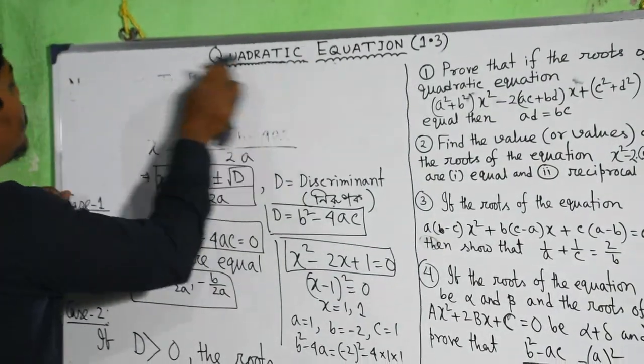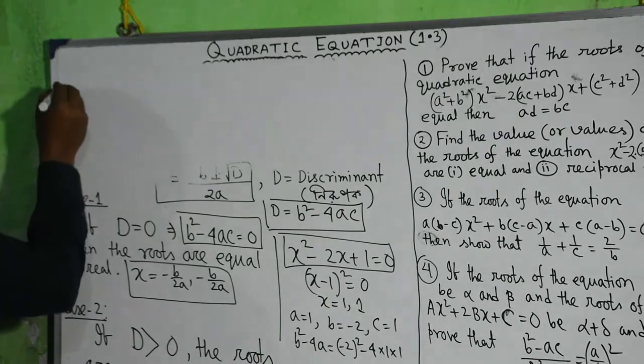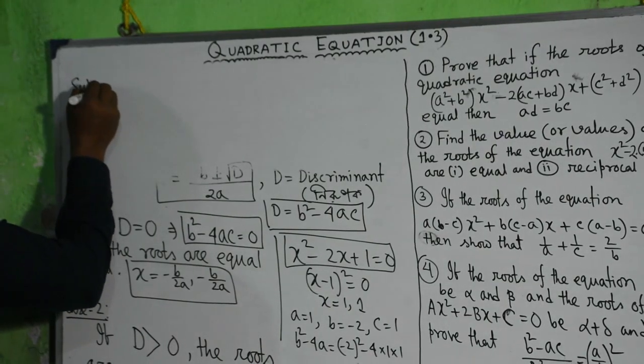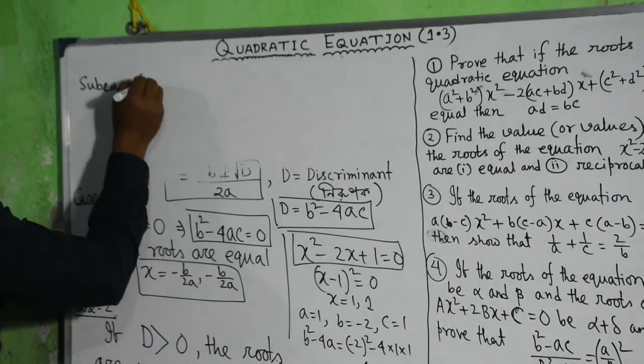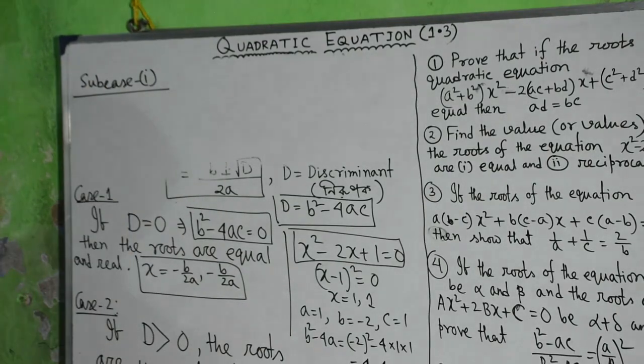Now in this case 2, we will write down subcase 1. I have written a Roman 1.